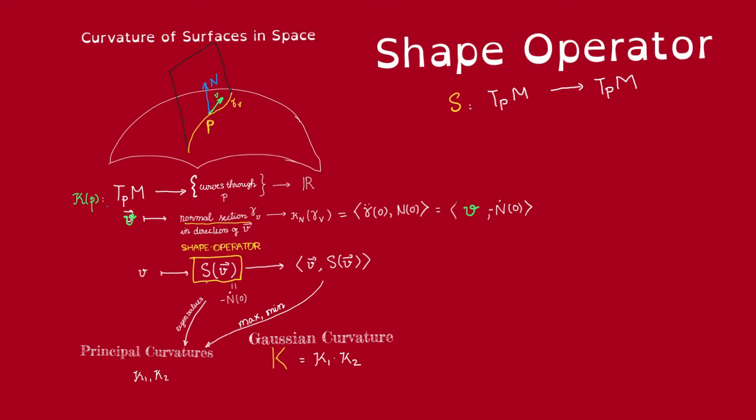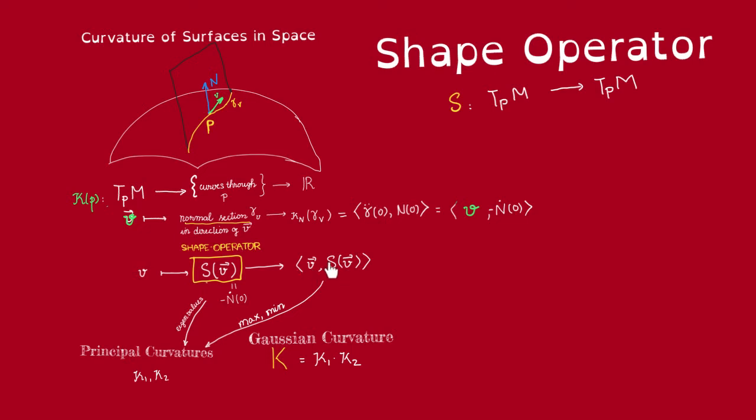If we take the dot product of S V with V, that tells us how much the surface curves in the direction of V. When V is a unit vector, that will just tell us the signed curvature of this curve here, the normal section. And then remember, we define the principal curvatures to be the max and min of this inner product, so the max and min curvature of all of these normal sections.